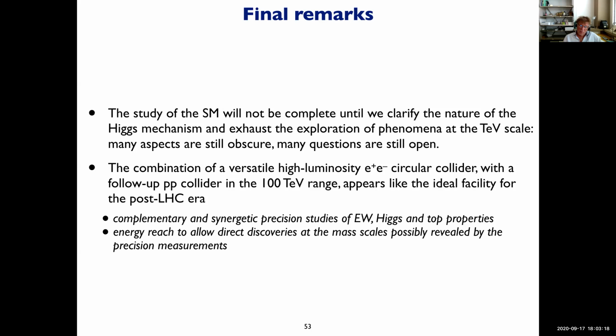And point number two, there is this issue of being able to access higher, say, PTs, more extreme kinematic configurations. Typically, whenever we go into these selected corners of phase space, we can enhance the signal to background. I can give you hundreds of examples of this. For example, the physics of the top quark at the Tevatron was very hard to do because there was a lot of background.